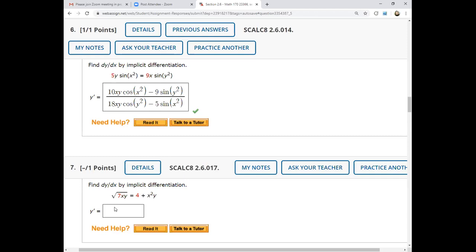So the first function is 7x, so the derivative is 7 times the second, y, plus the first, which is 7x, times the derivative of the second, which is dy dx.